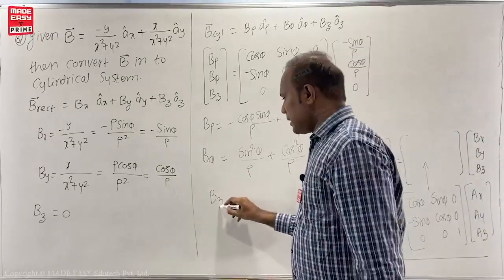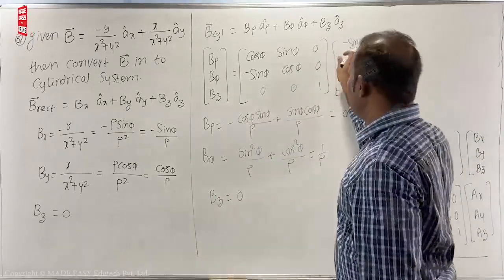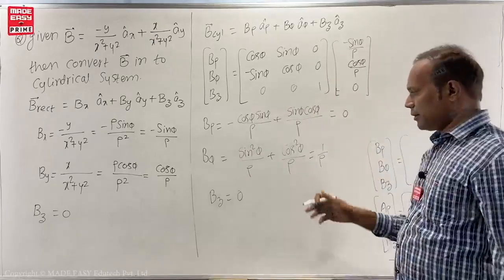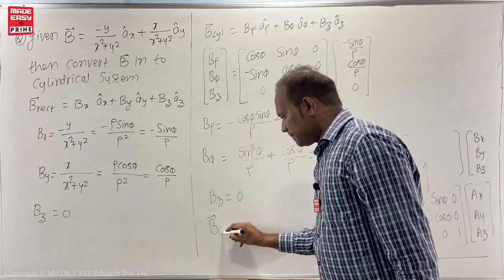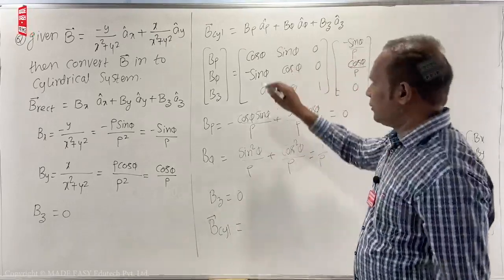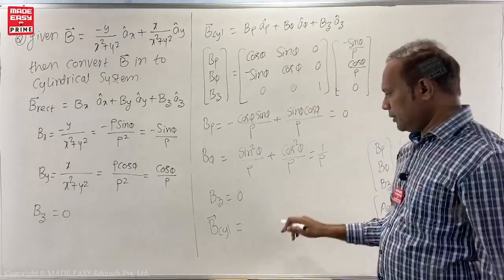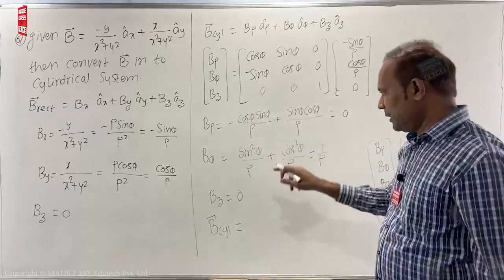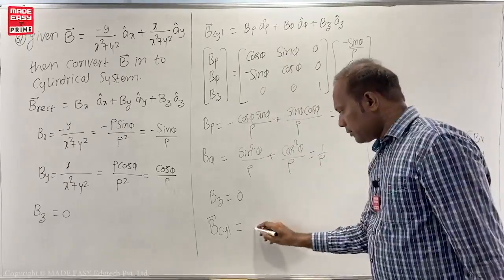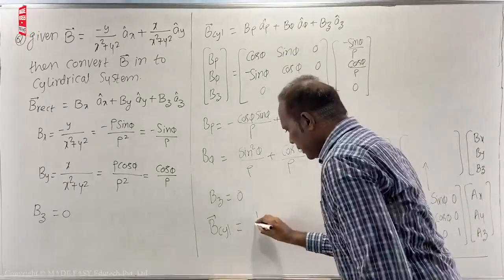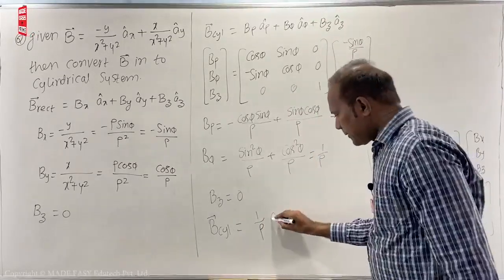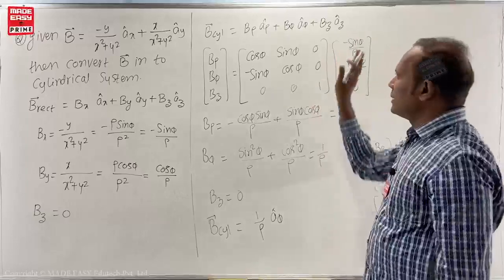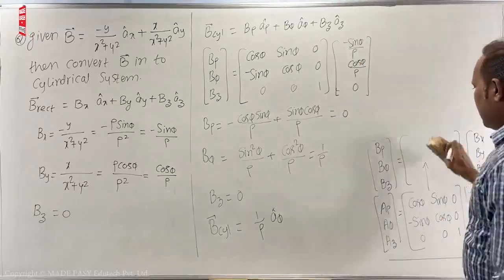Now bz is equal to 0 into this, 0 into this, 1 into 0, 0. So here now b bar vector in cylindrical system is equal to b rho is how much? 0. Then b phi is 1 by rho, so 1 by rho into a phi. Now bz is 0 actually.